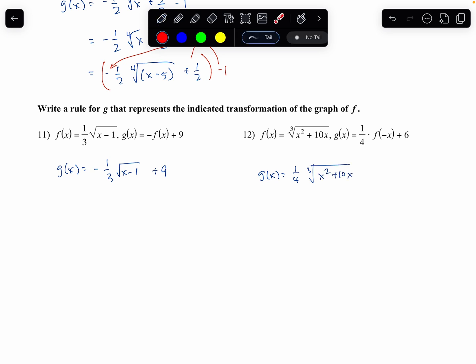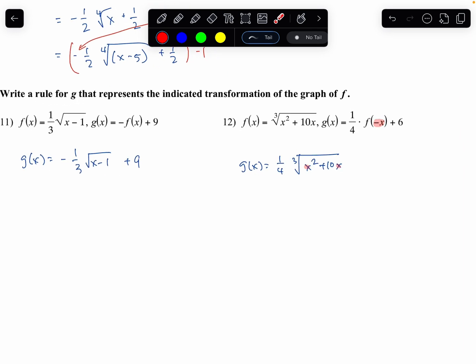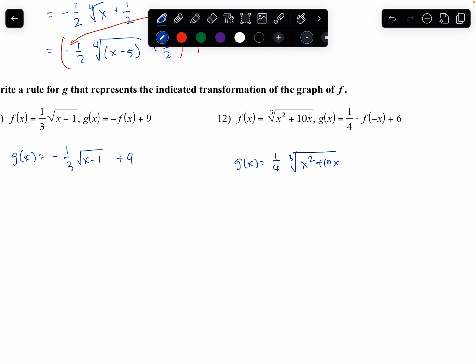And then we're going to do negative x, which means right where I see x, we're going to change those to be negative. However, we've talked about this in our last unit, that if I plug in negative x into x squared, that's going to stay x squared. That's not going to be the case here, so if I plug in negative x here, that's going to multiply to be negative 10x. Okay, and then plus 6, I'm just going to add 6 right there, and there you go.